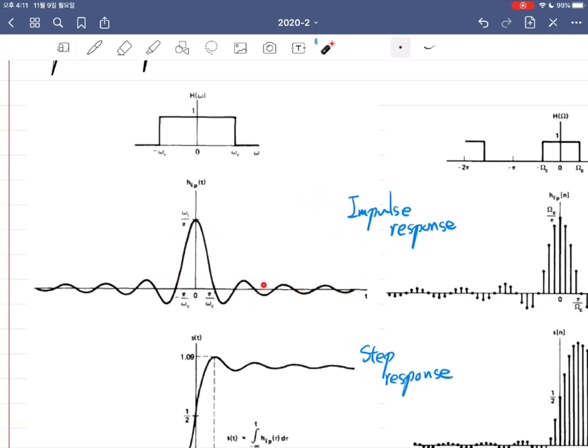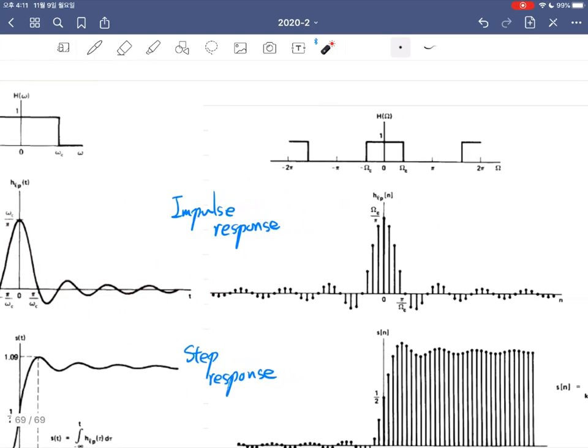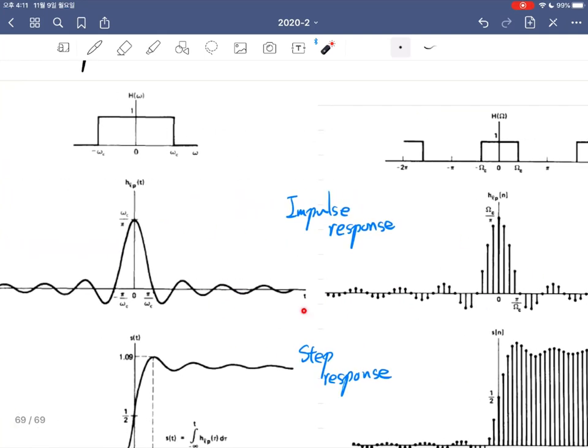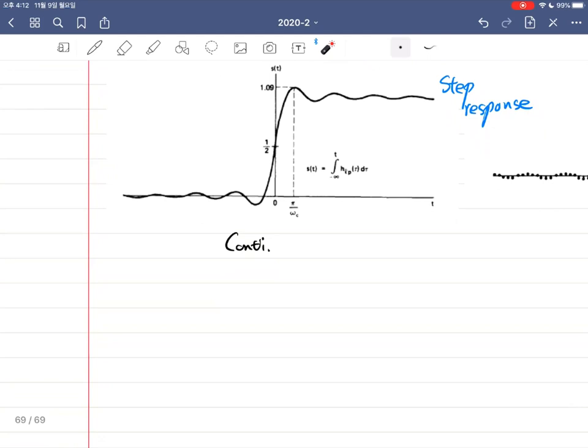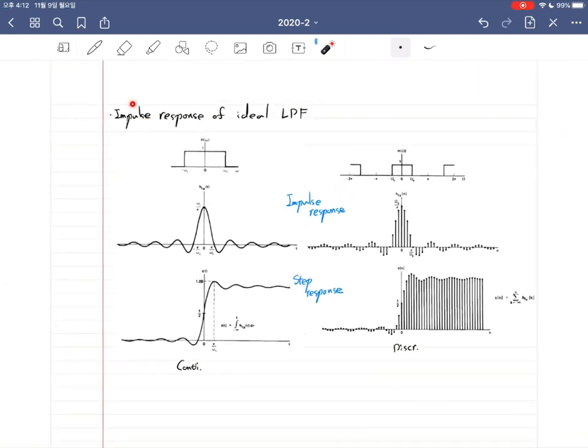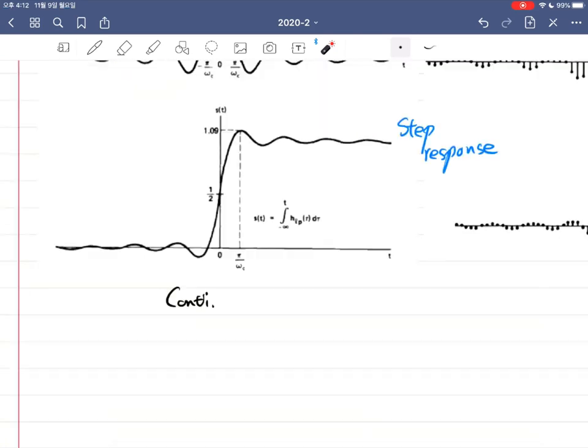Even though it decreases, we have an infinite number of values in both directions, like this. And this is the shape of sine x over x. Okay, so I'm talking about impulse response first, okay? So this one and this one.